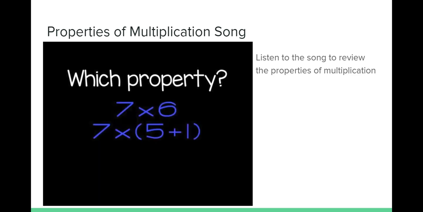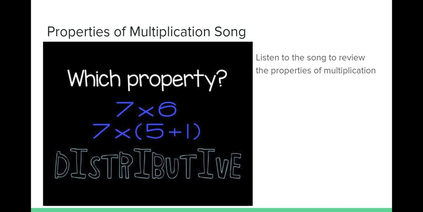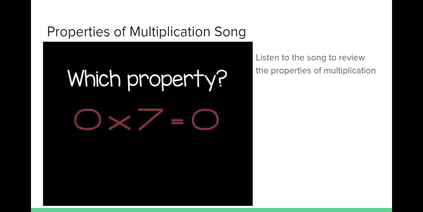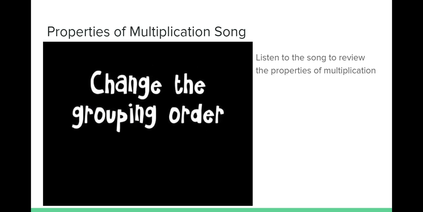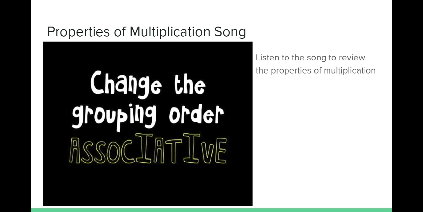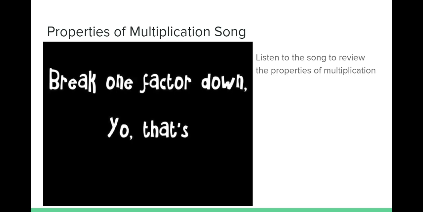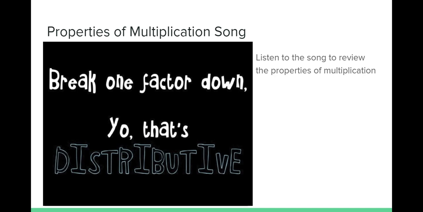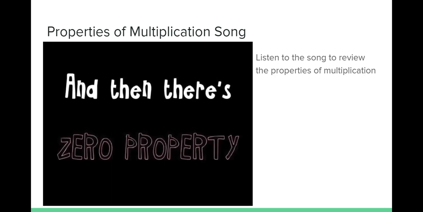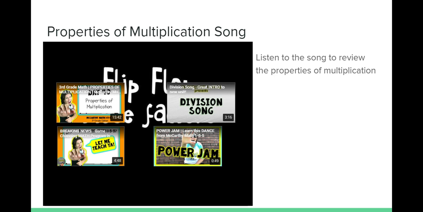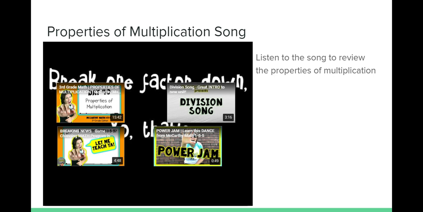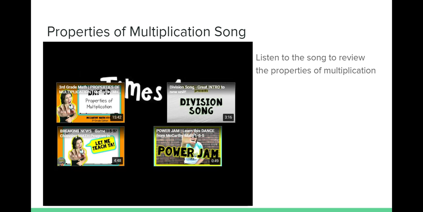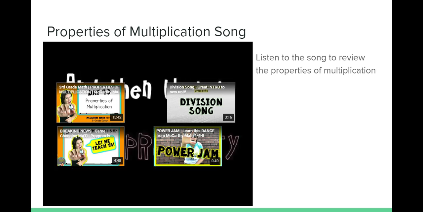Associative, distributive, identity, and zero property. Flip-flop those factors, commutative. Change the group in order, associative. Break one factor down, that's distributive. Times one's identity, and then there's zero property.